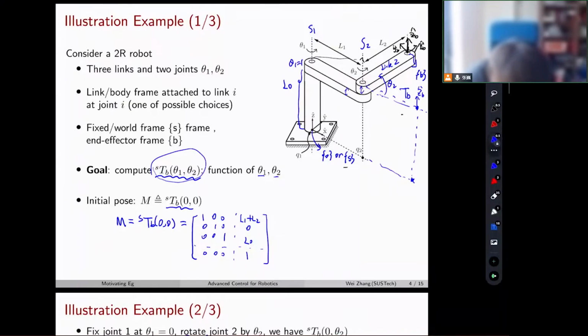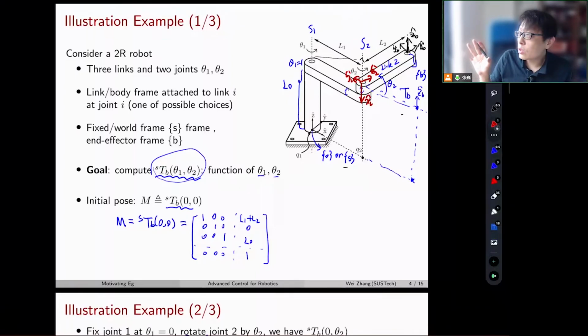Suppose this is my body link, with Z2 hat, X2 hat, and Y2 hat, attached to link 2. Whenever you rotate link 2, this frame will rotate with you.